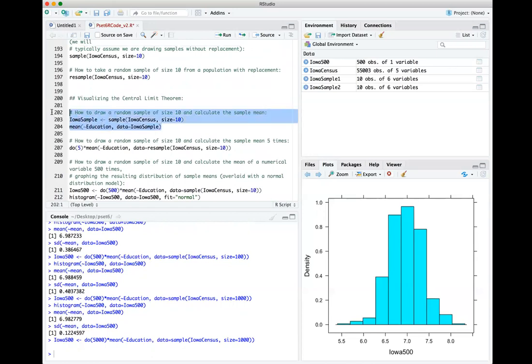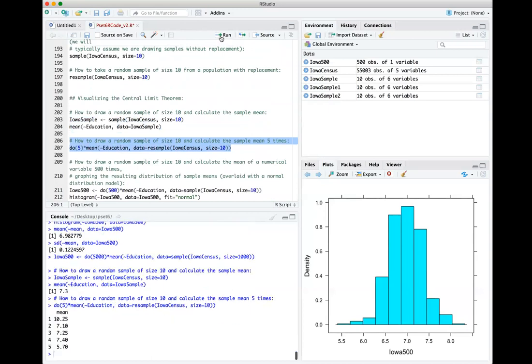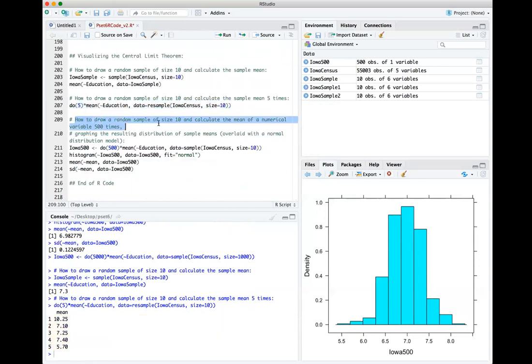Okay, we're going to take a random sample and calculate the sample mean. Now we're going to do this 5 times. So here we have the 5 means. And now we're going to draw a random sample of size 10 and calculate the mean of a numerical variable 500 times, and graph the resulting distribution of sample means.